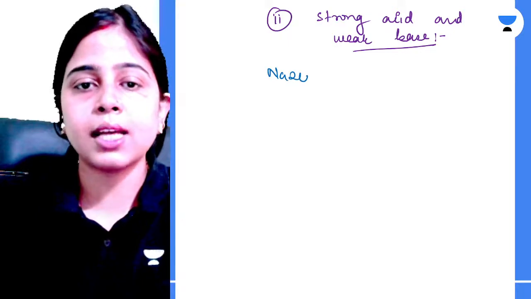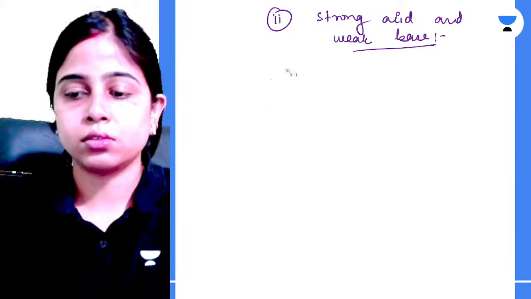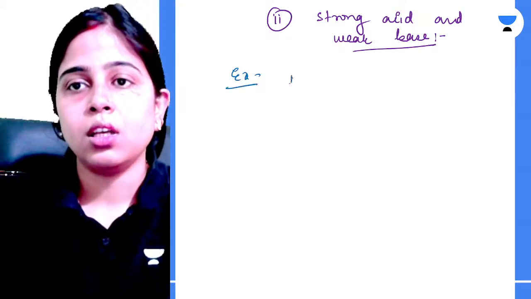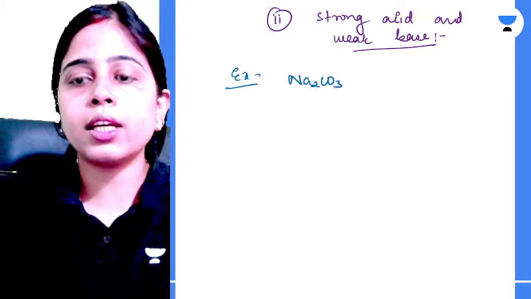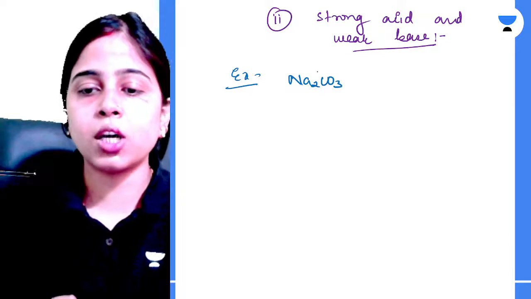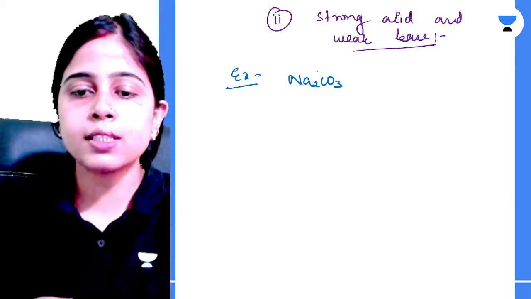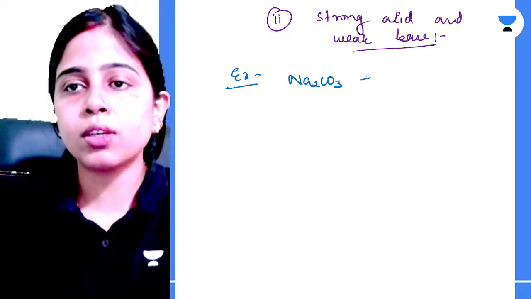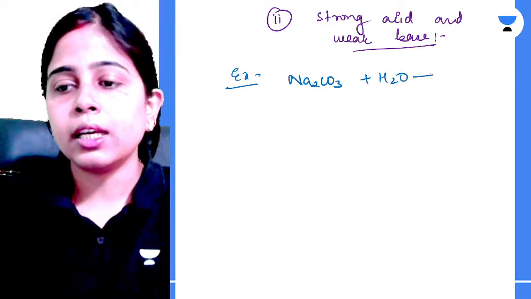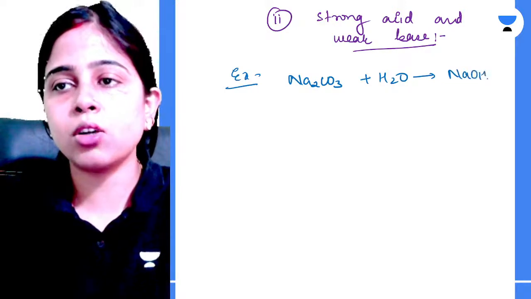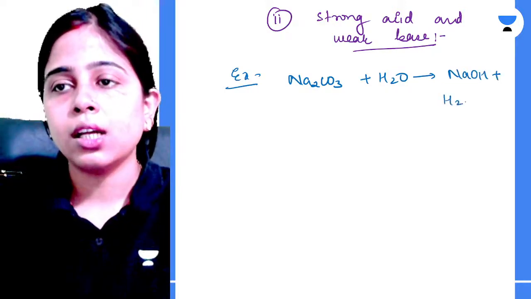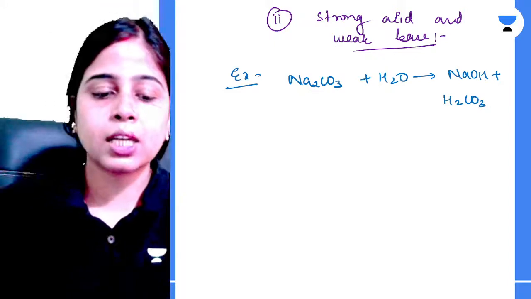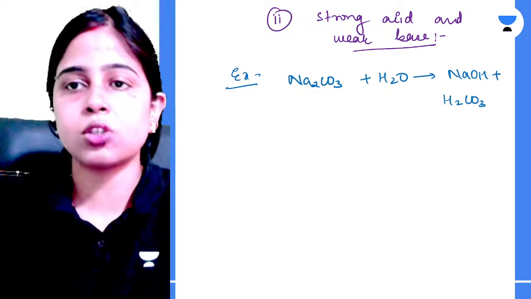Na2CO3, examples I am giving you. Your Na2CO3 is formed by reaction of a strong base and weak acid, which on dissolving in water will make a basic solution. Okay, so let me show you. If you dissolve it in water, it produces your sodium hydroxide and your carbonic acid is formed. So this is again making the solution basic in nature because the base is strong.